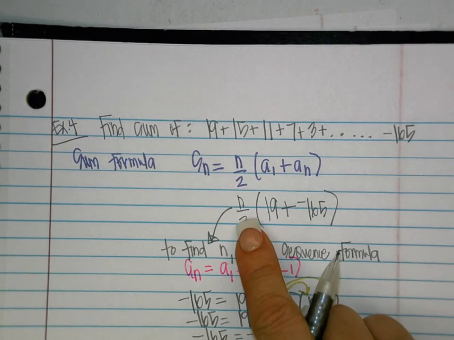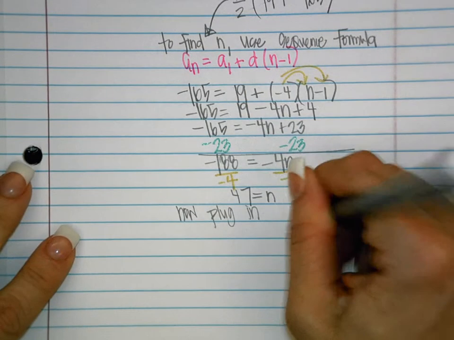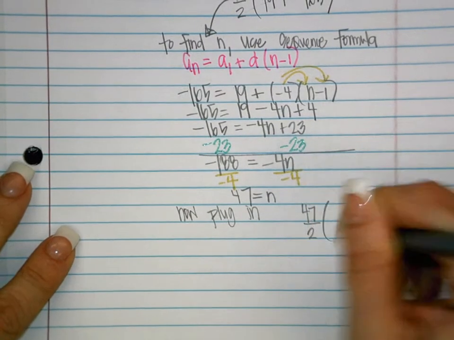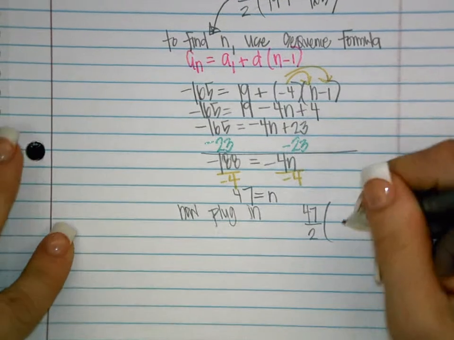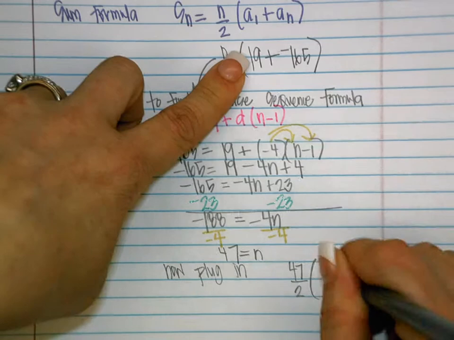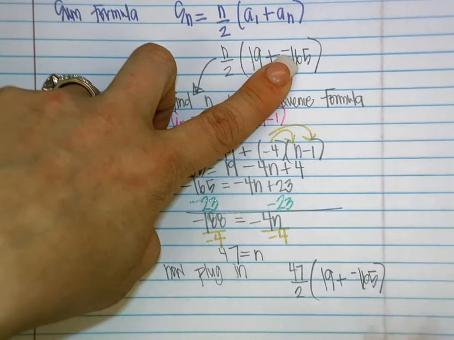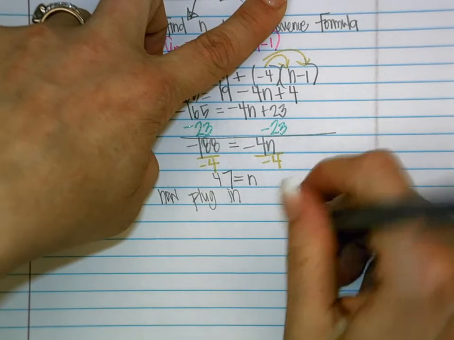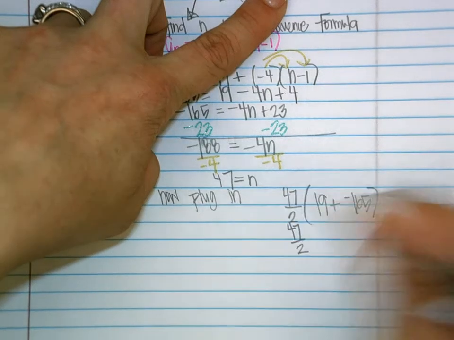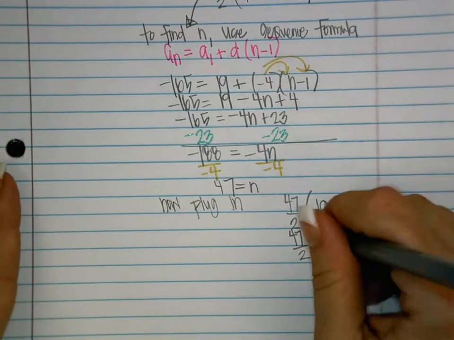So now you're going to get 47 over 2, which is what we were missing, times what was your a1? 19 plus an was negative 165. We can work this out. So you're going to have 47 over 2. 19 minus 165 gives you negative 146.